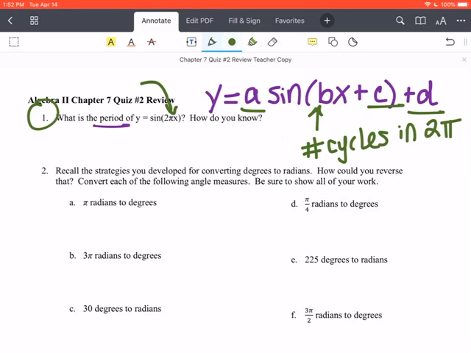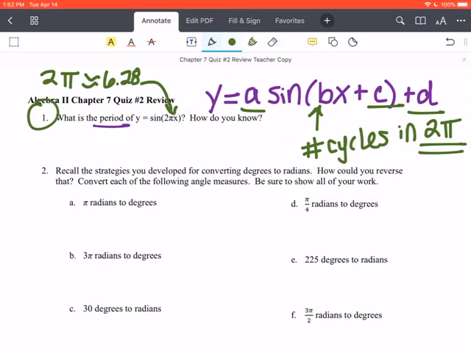Okay, well, what is 2 pi? A lot of times it's nice to multiply it out on your calculator and see, just to give you an idea, that 2 pi is approximately 6.28. So what does this mean? A little more than 6 cycles of the sine wave are going to occur in the span of 2 pi.